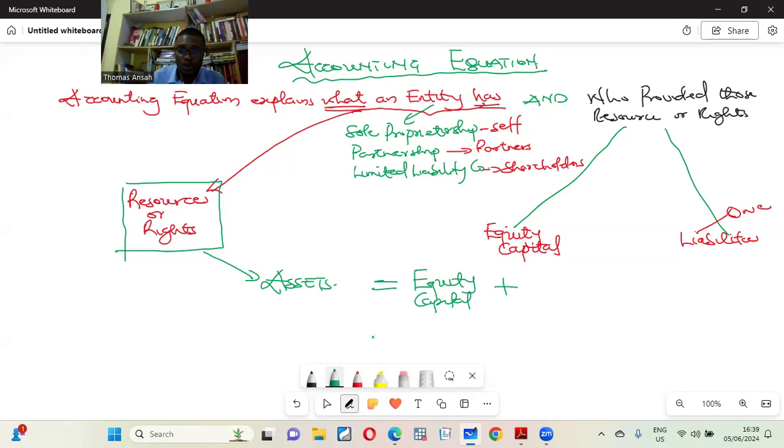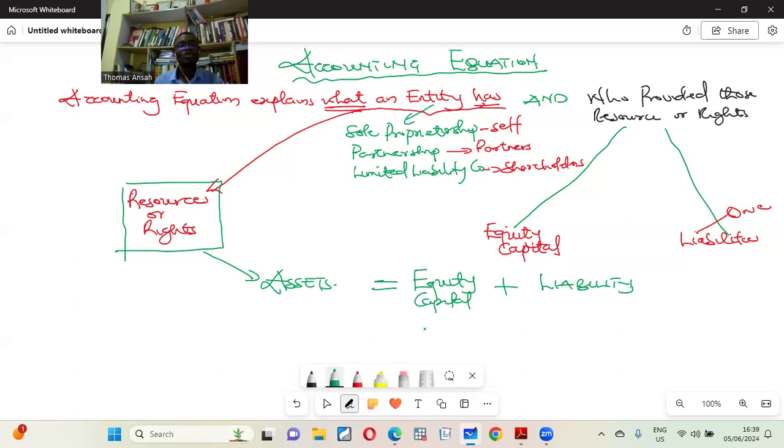The one I went to borrow, and that one, we call them liabilities. So the accounting equation is asset is equal to what? Capital plus liability, or equity plus liability. So this is it. This is all you need to know.